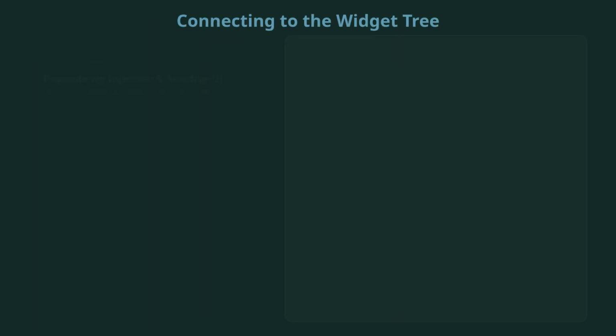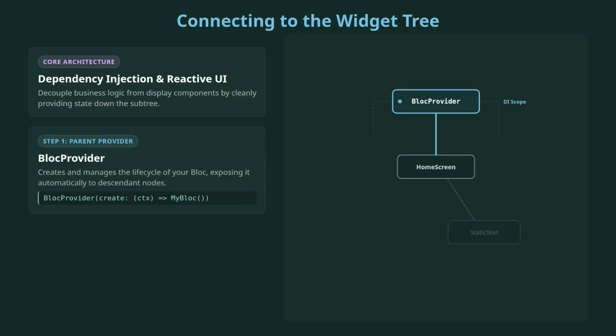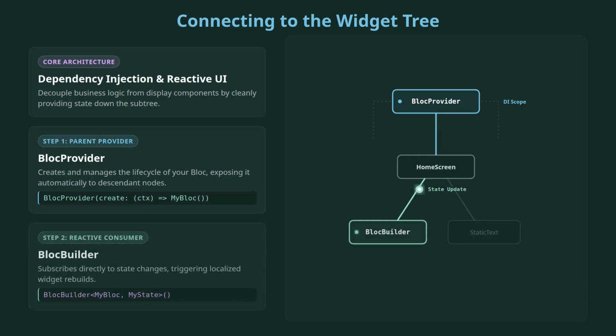Now, how does our Flutter widget tree actually access this business logic? This is where dependency injection and reactive UI rebuilding come into play via BlocProvider and BlocBuilder. We wrap our parent widget in a BlocProvider, which lazily creates and manages the lifecycle of the BLoC instance, automatically disposing of it when no longer needed.